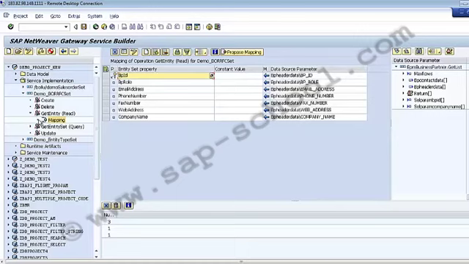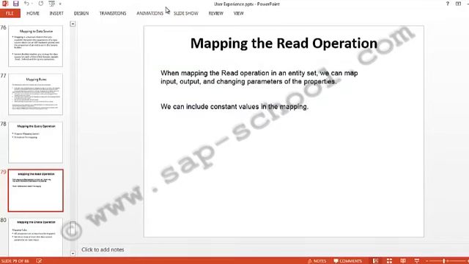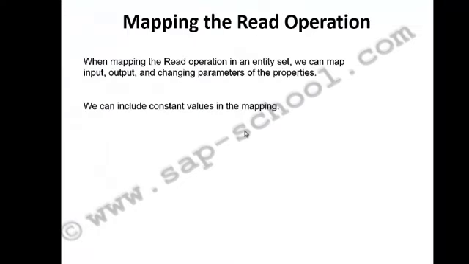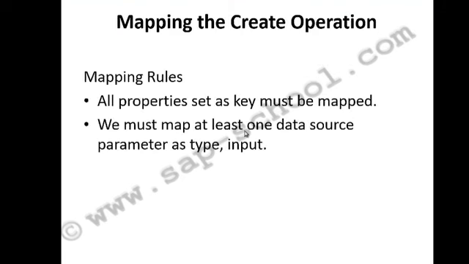Now let's go back to how we can map using the other operations. Till now we have seen the query operation and the read operation. Then we have mapping the create operation. You must map the parameters from the data source to the create operation of the entity set.